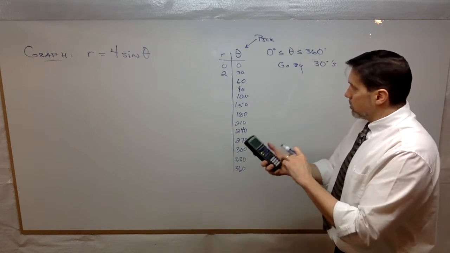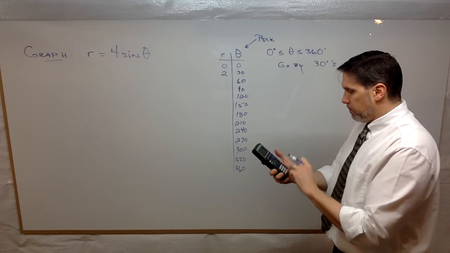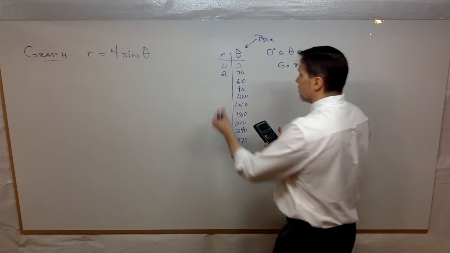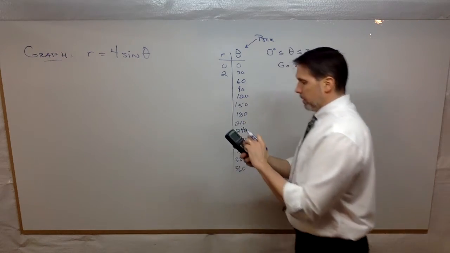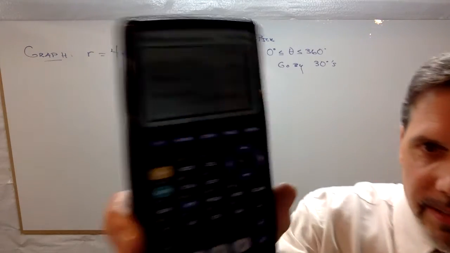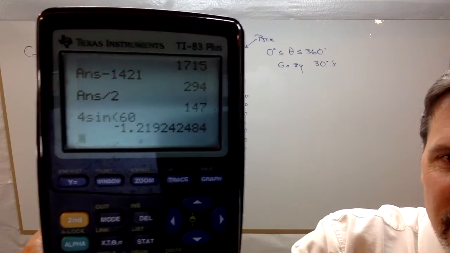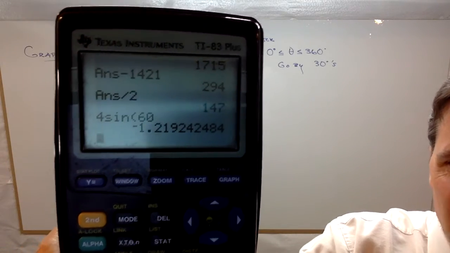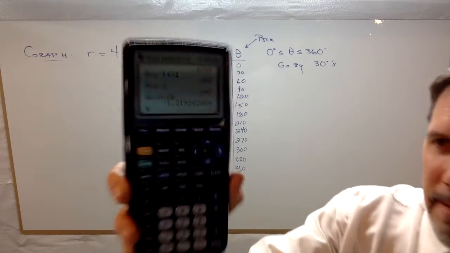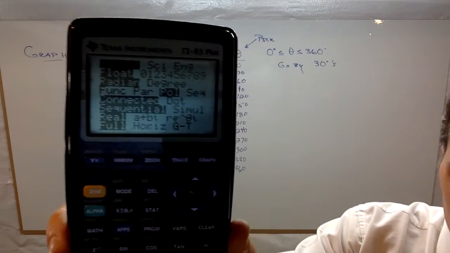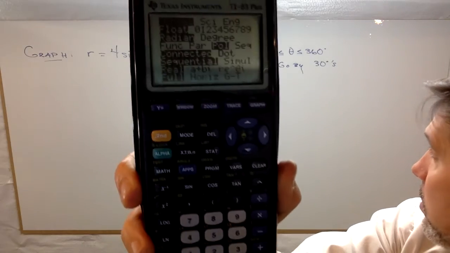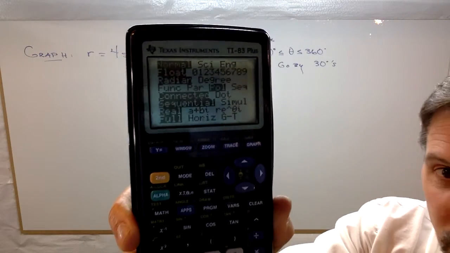So when I punch in 4 sine of 60, I get 4 times sine 60. Oh, something I failed to mention last class. See that answer I got? That is not correct. You know why? Because we are in the mode known as radians. I did 4 times the sine of 60 radians.